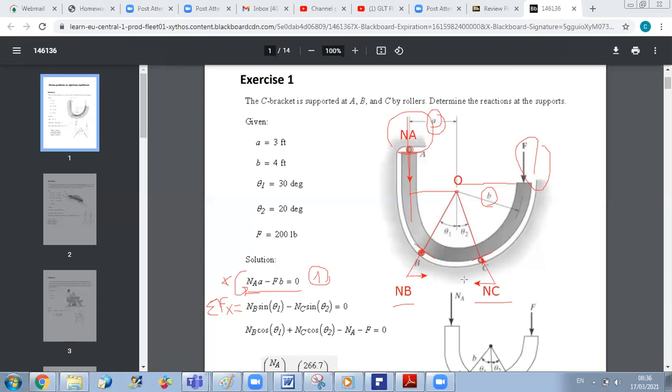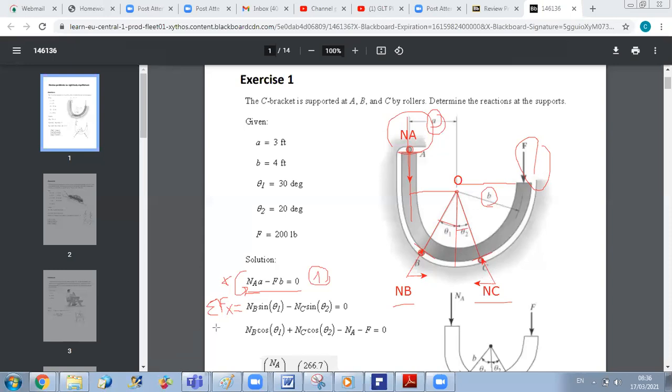And to project, I should just know the angle. If you look at your figure, you know that NB is making an angle theta 1 with y. So if I want to project on x, I do sine theta 1. While NC is making an angle theta 2 with y. So if I project on x, I should do sine theta 2.